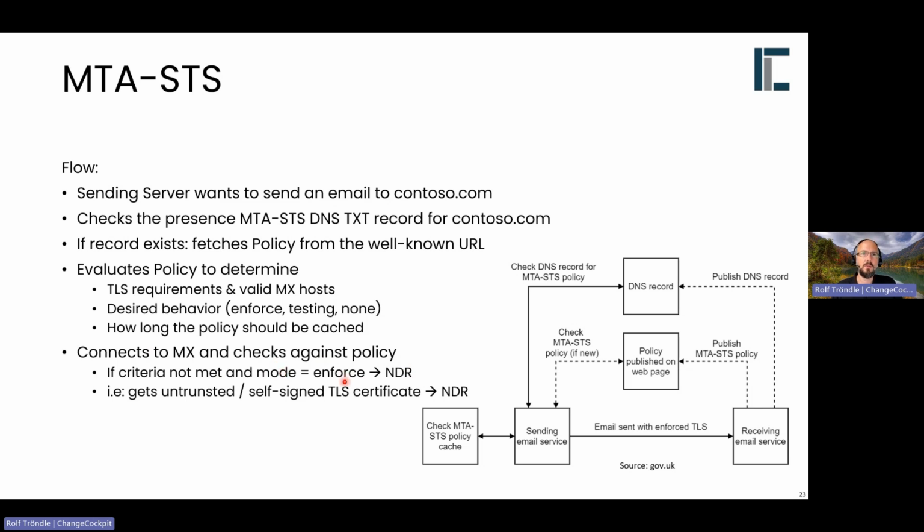And if you're on enforce, then it will send out an NDR if the criteria aren't met. So there's the example of if you get the self-signed certificate and you are on enforce, then the sending server will throw an error, meaning an NDR back to the user.